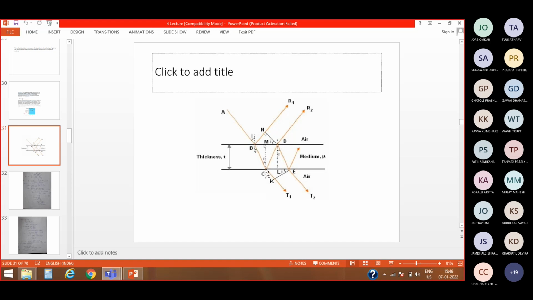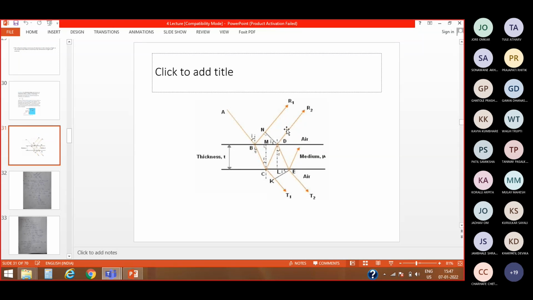At point C, some refraction happens, and also reflection happens. Again, when light goes from point C to D, some part of light is reflected and some part of light is refracted.